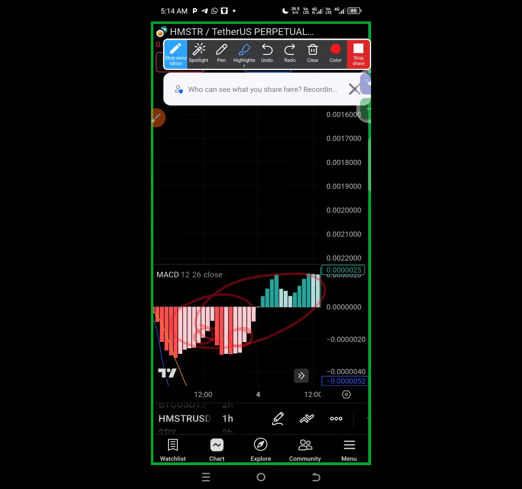Now, the histogram shows the difference between the MACD line and the signal line, right? So it shows the difference between the two lines, the MACD line and the signal line. And it clearly helps us to identify the momentum of the trend. That is the angle where we would understand the momentum coming up either to be bullish or bearish.